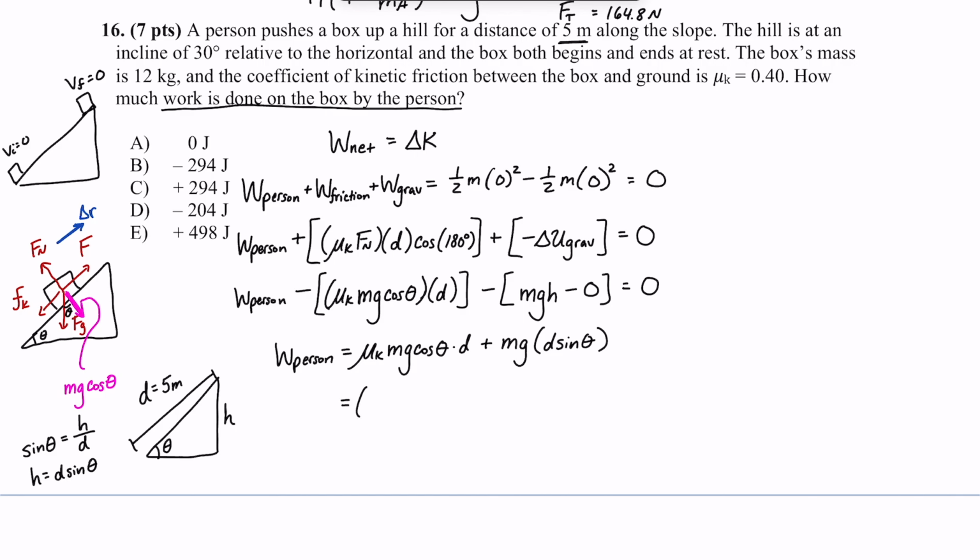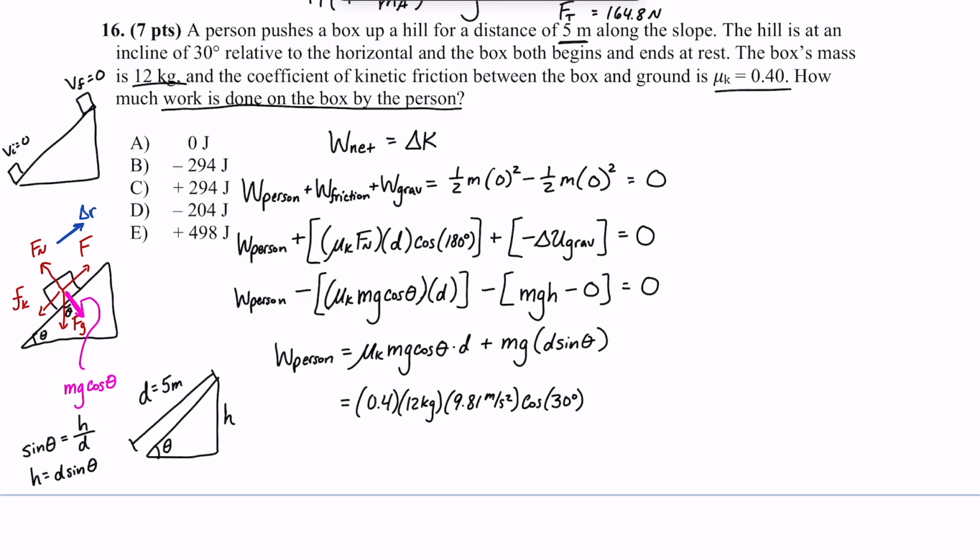Mu k is 0.4. The mass of the object is 12 kilograms. The angle is 30 degrees.